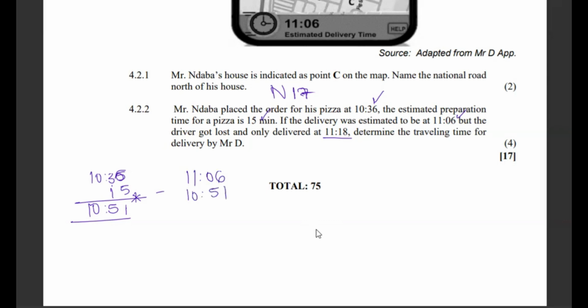We subtract and find out it's around 15 minutes, because this is 66 minus 51. You have 15 minutes. Then 15 minutes plus the time he has spent from 11:06 to 11:18. These are 12 minutes. So you add up the time there.